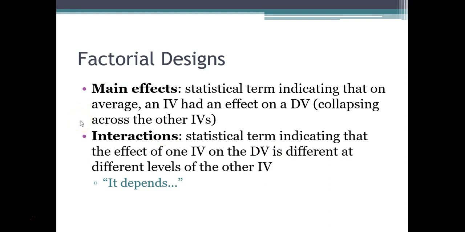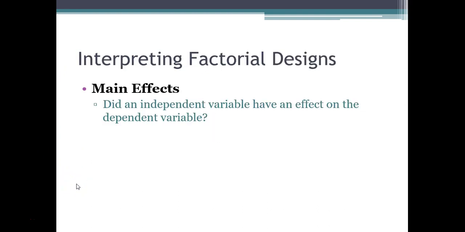Hopefully by the time we finish this, they'll make sense to you, but a main effect, they say, is the statistical term indicating that on average an IV had an effect on a DV collapsing across the other IVs. And an interaction is a statistical term indicating that the effect of one IV on the DV is different at different levels of the other IV. Again, I know those don't make much sense, so we're going to go through what that means.